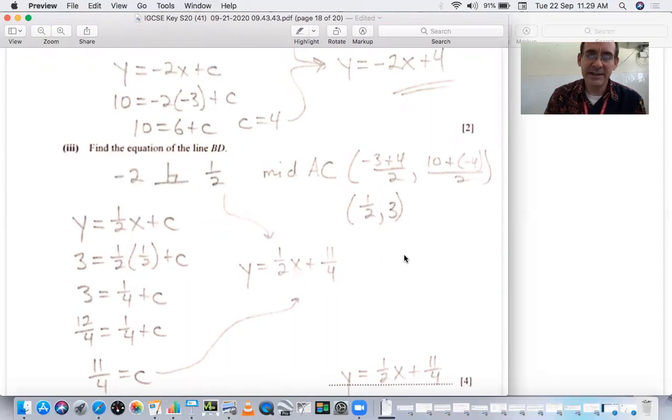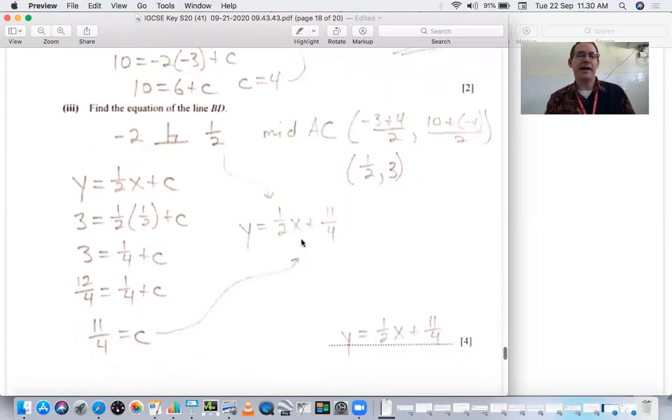Then we need to find the midpoint of AC. That's also going to be on that diagonal, the cross section where they cross. So the midpoint of AC: do the 2 x's divided by 2, the 2 y's put together divided by 2, you get 1/2, 3.